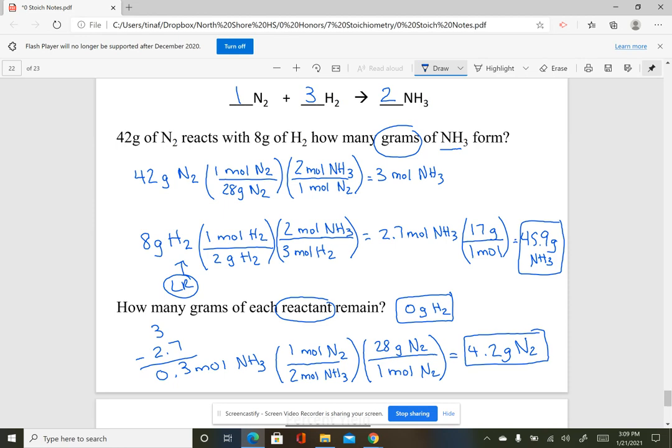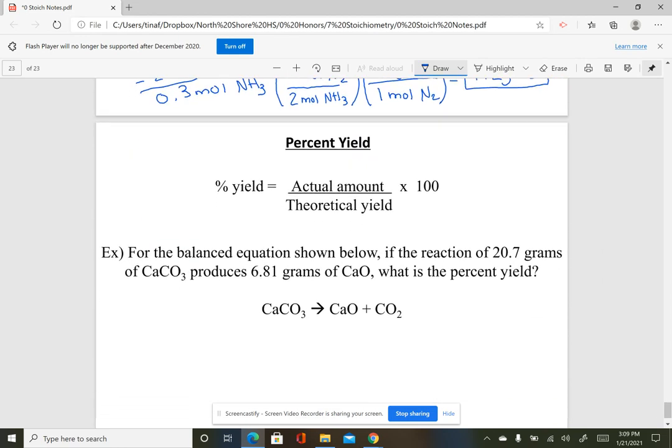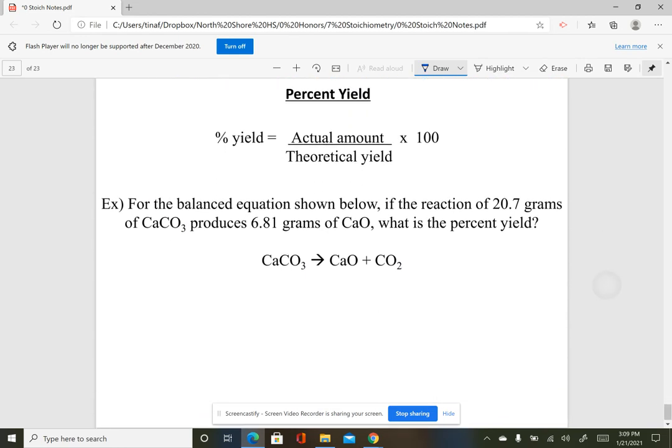All right. Last thing, guys, is percent yield, which compares the amount of product you actually make, from an experiment or from a lab that you actually do, to the theoretical yield, which is you doing stoichiometry.